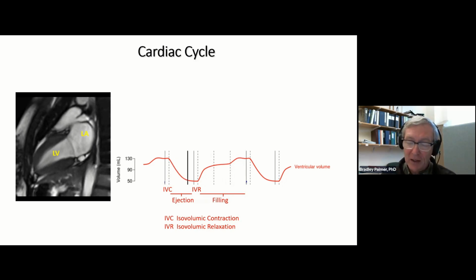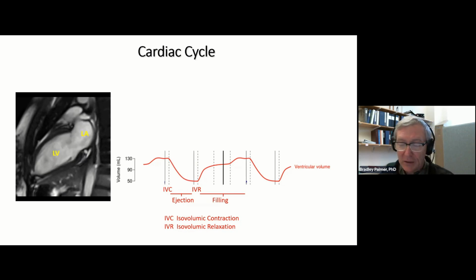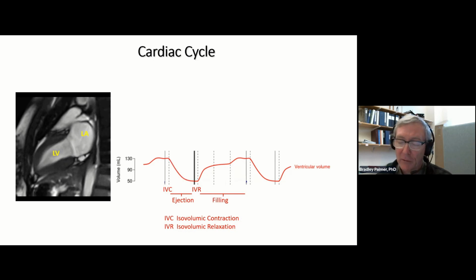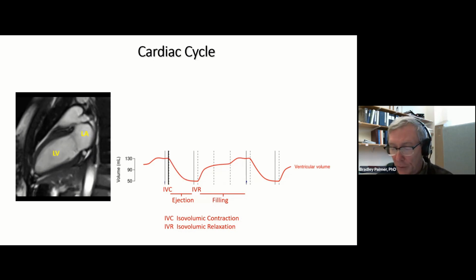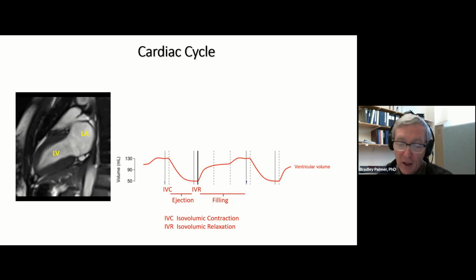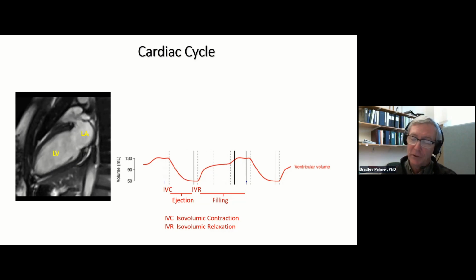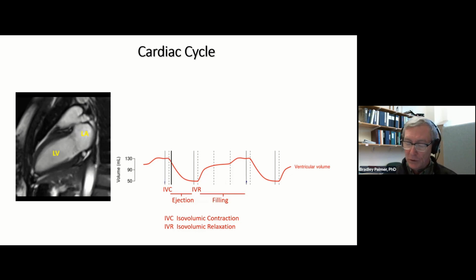This first phase of the cardiac cycle is called isovolumic contraction. Then, as soon as the aortic valve opens, blood is ejected until the aortic valve closes again. Isovolumic relaxation follows until the mitral valve opens, which allows the chamber to fill with blood.